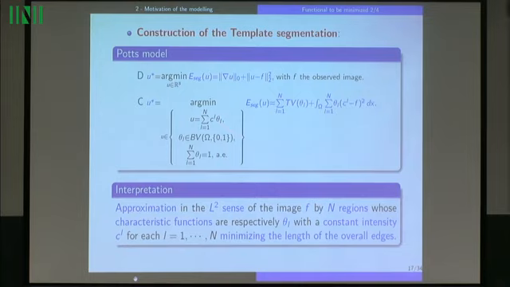It approximates in the L2 sense an image by n regions whose characteristic functions are respectively theta L with constant intensity CL, minimizing the length of the overall edges. So at the end we get a piecewise constant approximation of our initial image. And so this is a region-based approach for segmentation in which an object is seen as a homogeneous region with close intensity values.